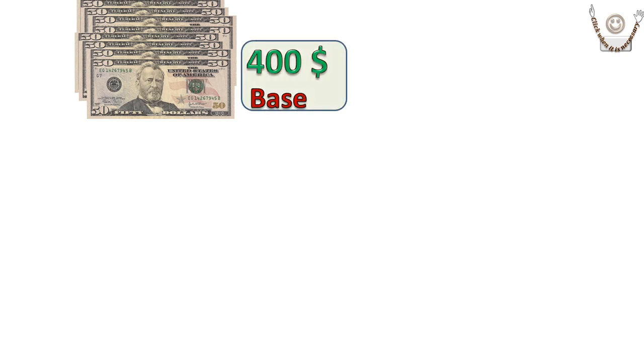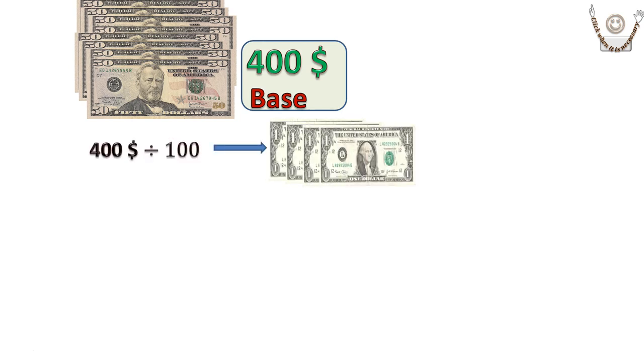The last example. If we have $400, so $400 is a base. Now if we divide $400 by 100, then we will have $4. How can we show this in algebra?